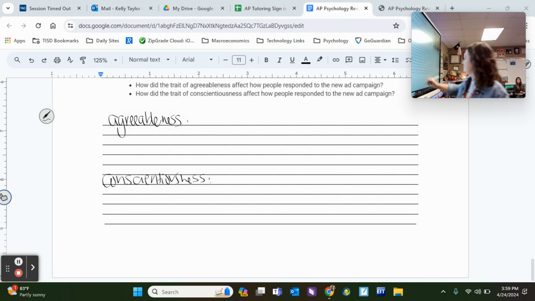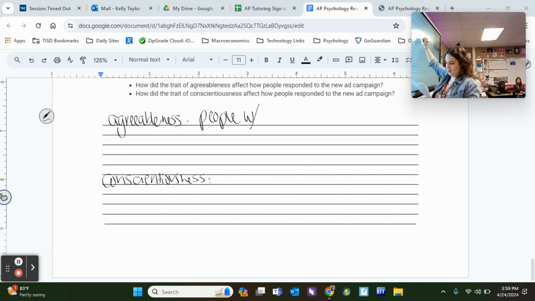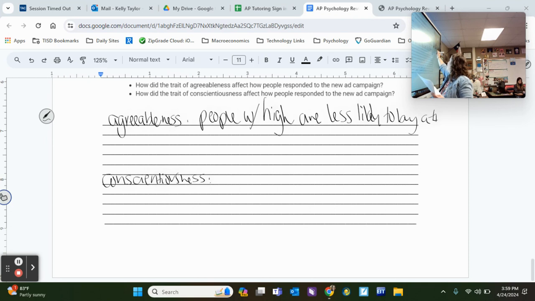Okay, we're done. People with high are less likely to buy after the ad. People with low, what? I would write out people and with.